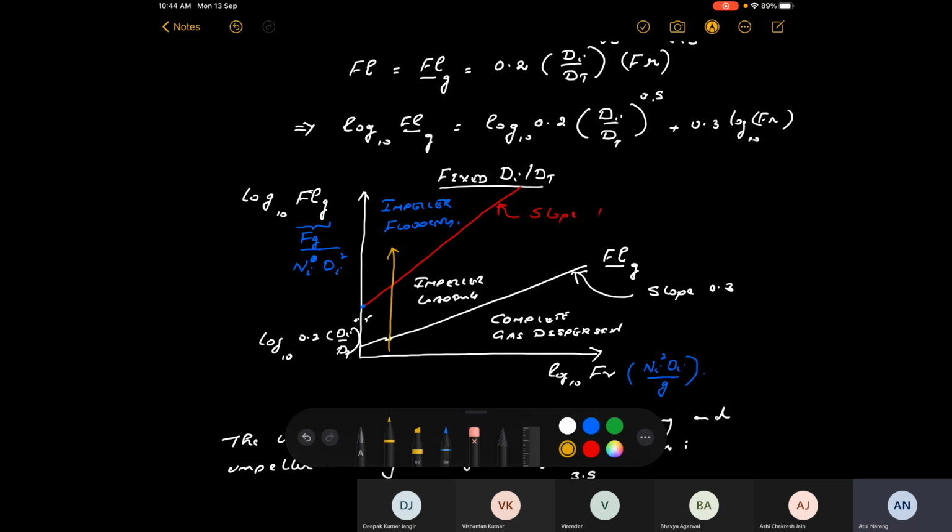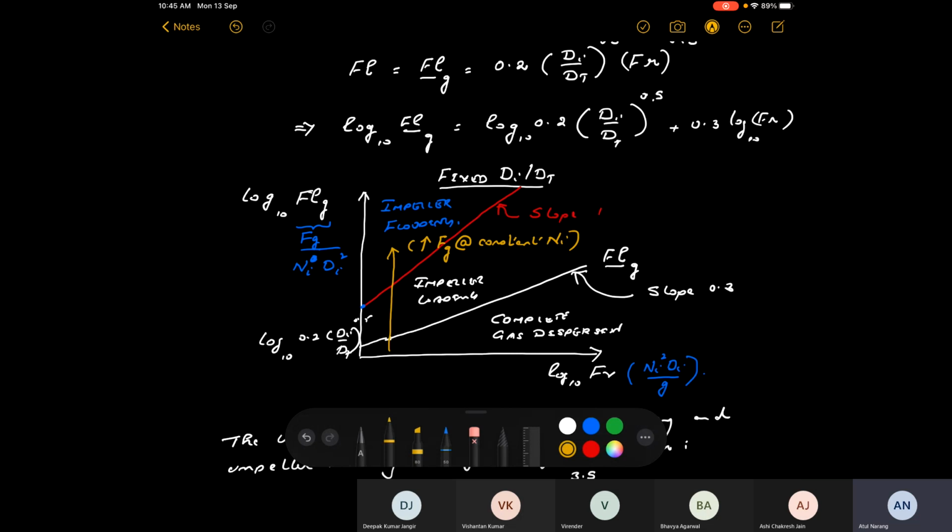If you increase f sub g at constant n sub I, then the Froude number is constant.